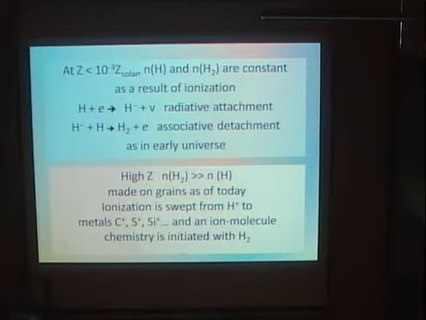That's what occurs in the early universe in the absence of grains. But for high metallicities, it's entirely different. The molecule is made on the surface of grains, as in the present-day molecular clouds.